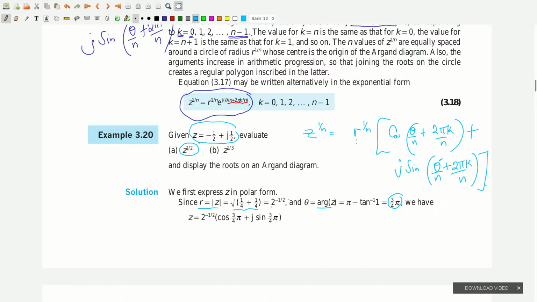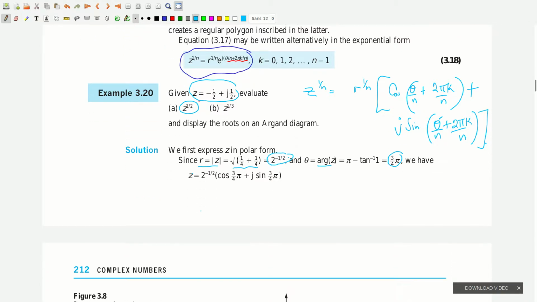So we have z is equal to r, okay, what did we first find for r? R is this. Oh yeah, sorry, we just have z, not z to the power 1 over n.